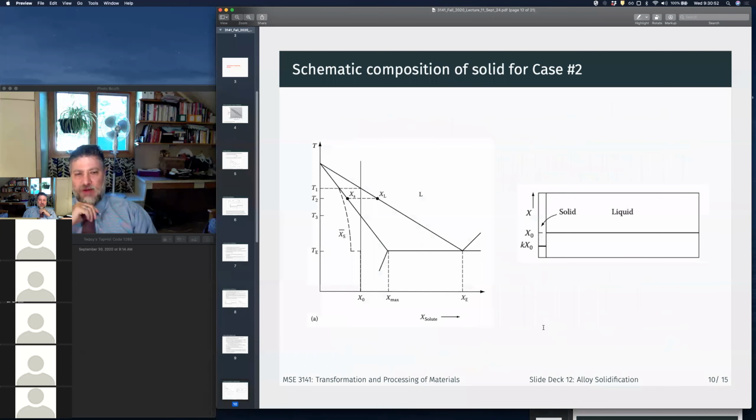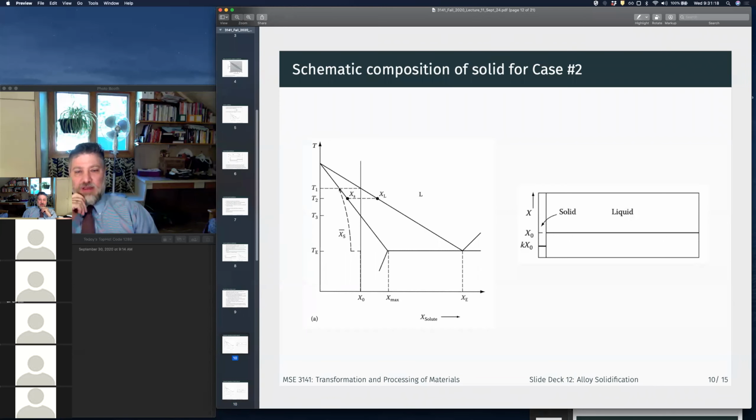I'll explain what that means in a little bit as we go on. So we begin essentially the same, right? We're going to cool down, we hit T1, we start to solidify at this point, kx naught, right? So now we have this composition.